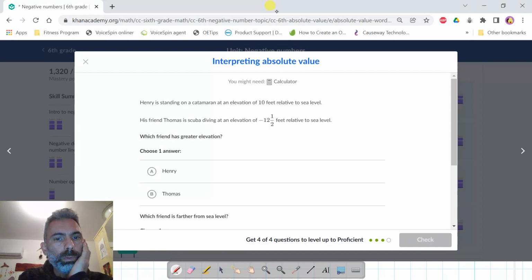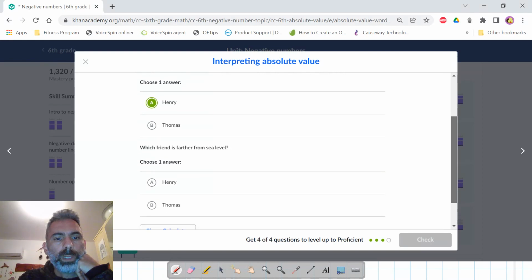They want to know which friend has greater elevation. So of course that Henry, which is above the sea level, because he's standing at an elevation of 10 feet above sea level, and Thomas is beneath the sea level. So of course that Henry has a greater elevation.